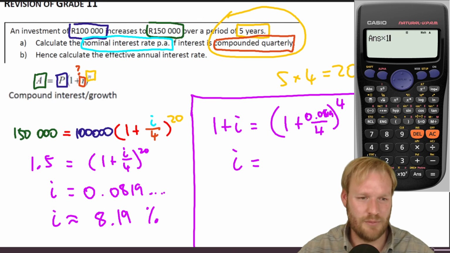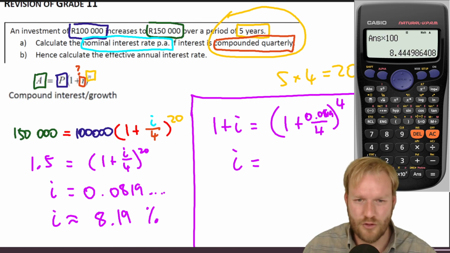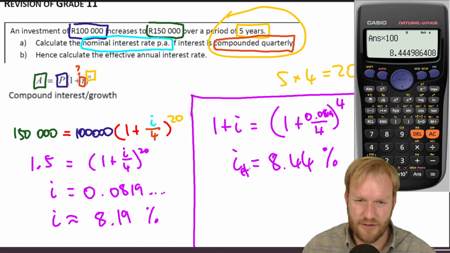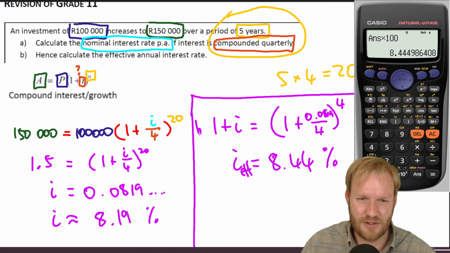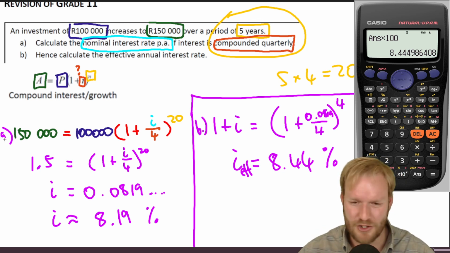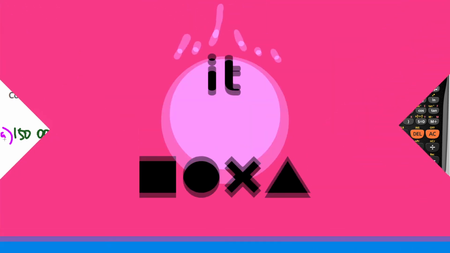I'm just going to multiply this by 100 and say this is 8,44, and the next one's 4, so 8,44%. So this is our effective interest rate, and this one here was our nominal, but the context tells us what we're dealing with. So that was part B, that was part A, and that's that. So enjoy. I'll see you in the next video for some more making of math.